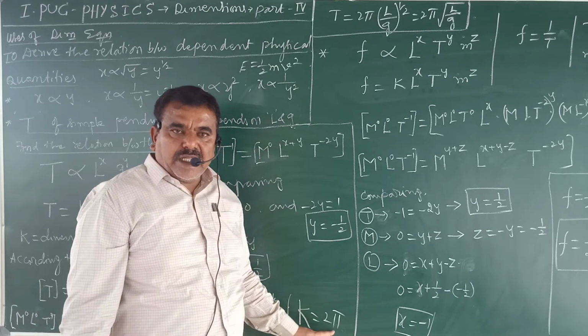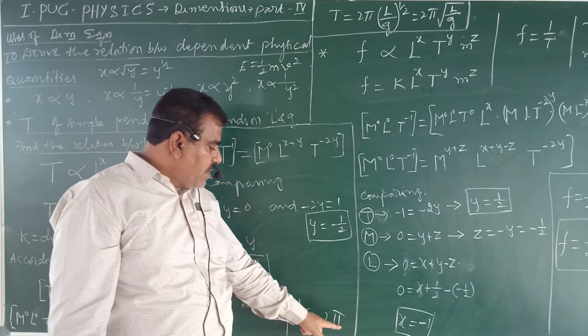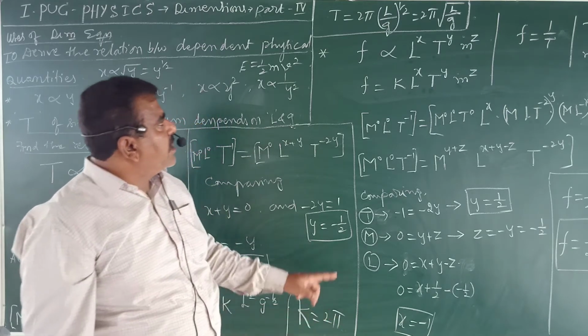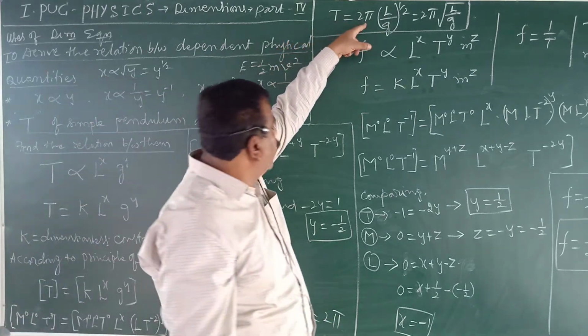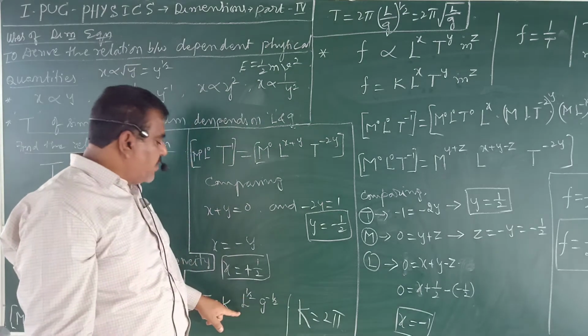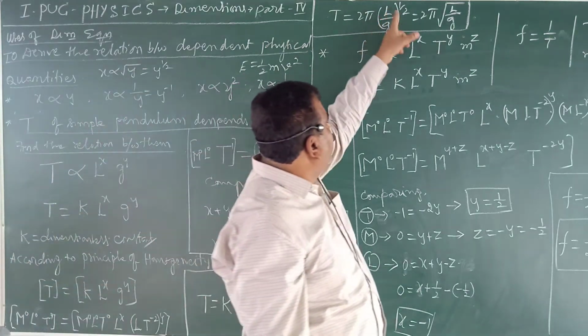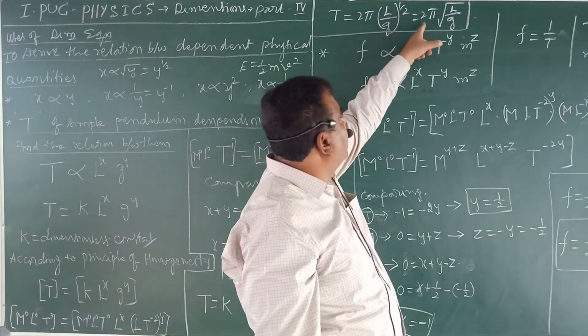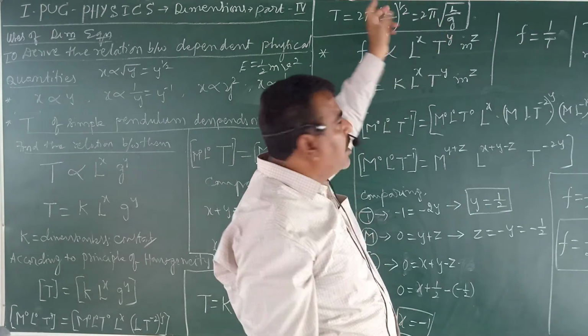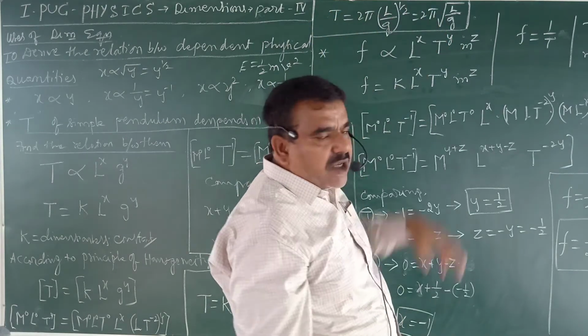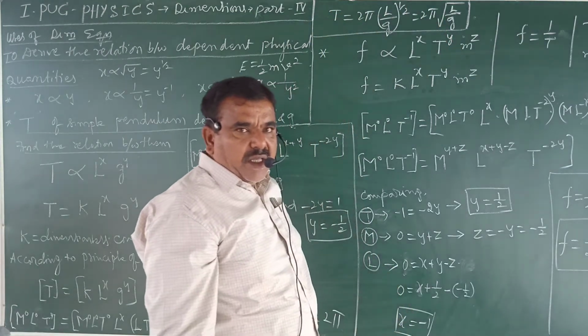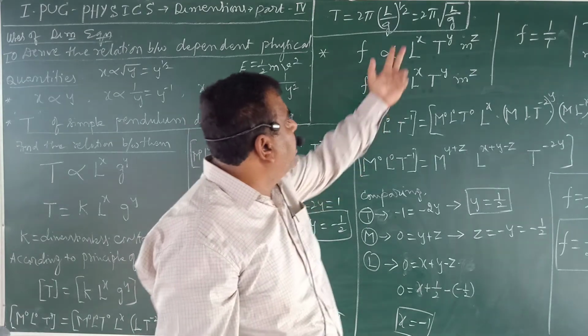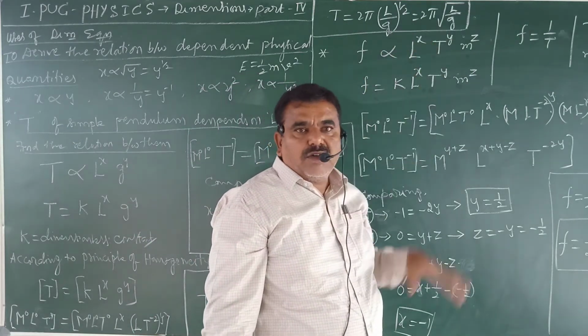If I substitute that and simplify further, I can write L by G power half, and power half is nothing but root. Finally, the time period of oscillation is given by 2 pi root of L by G.